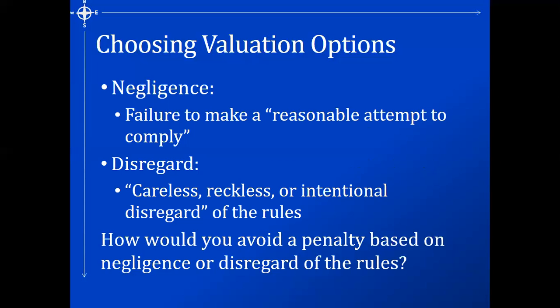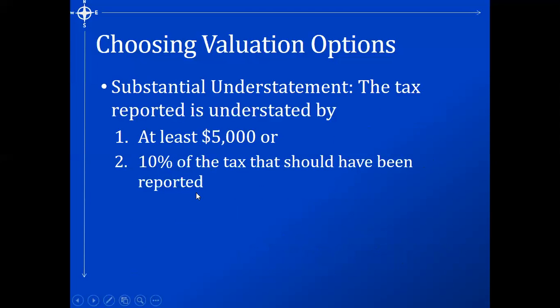You don't want to be careless or reckless or intentionally disregard the rules. So you pay attention to the rules. You have your tax return preparer pay attention to the rules, and you use a reasonable method and make a reasonable attempt to comply with appropriately valuing the interest that's the source of your taxable income. Now let's talk about the substantial understatement.